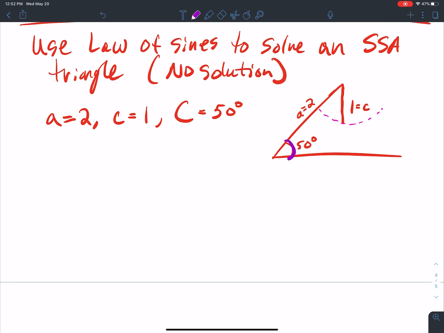Well, I can use law of sines. Sine of capital A over little a equals sine of capital C over little c.